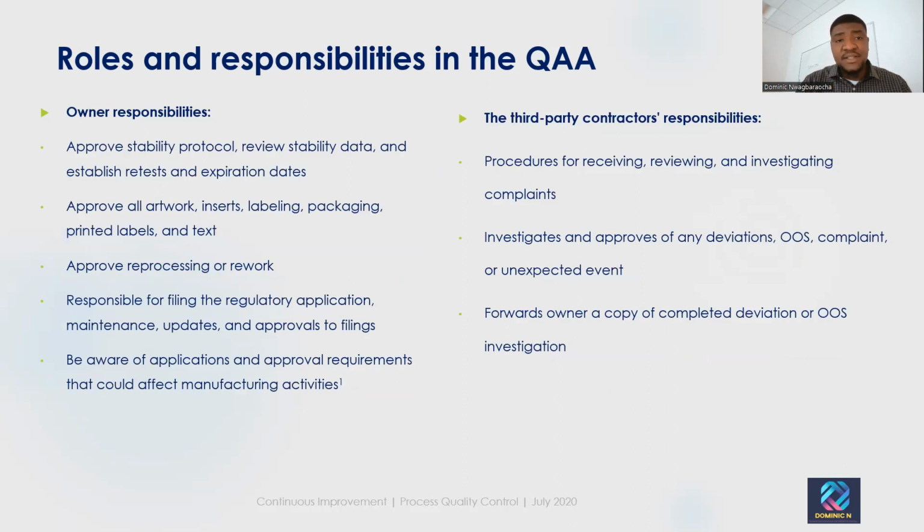Who will approve stability protocols? Who will define stability protocols? Who will approve artworks? Who will define artworks? Most of these things, reprocessing, most of these actions which are core to your product should be done by the owner, while the operational activities can be done by the CMO or the external manufacturing organization.